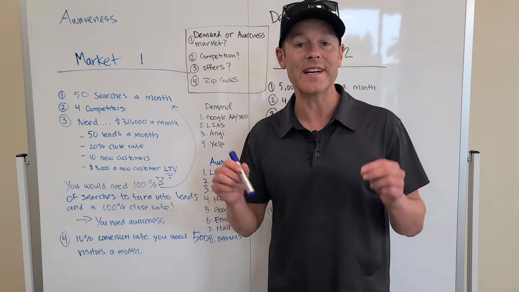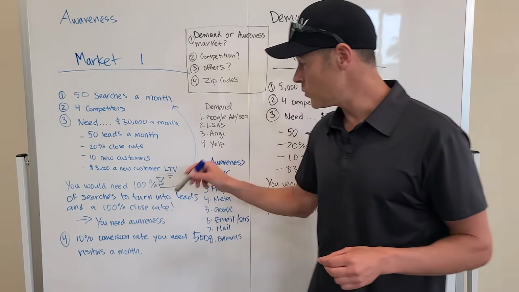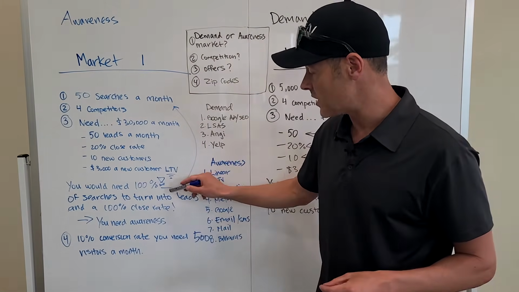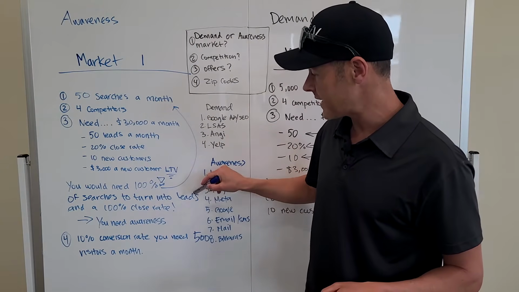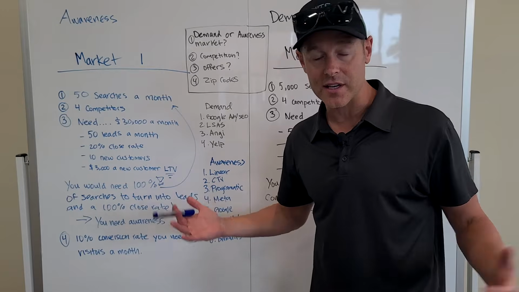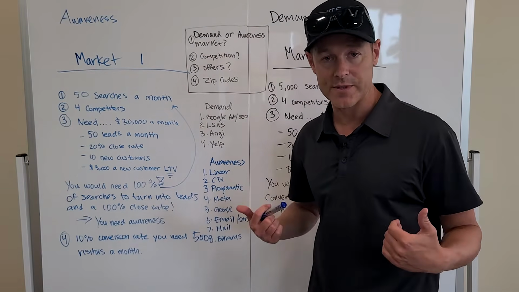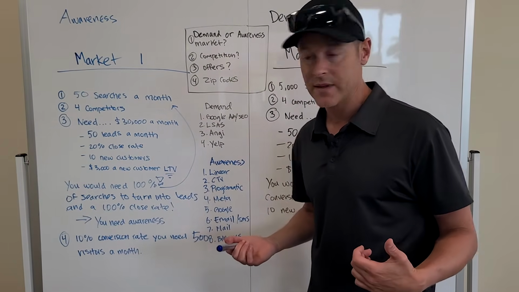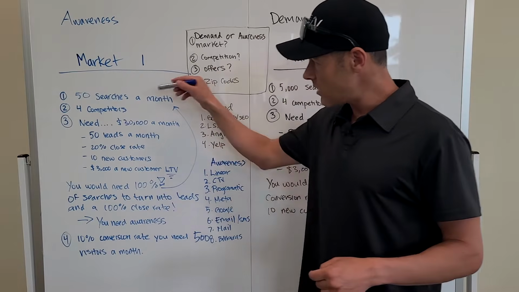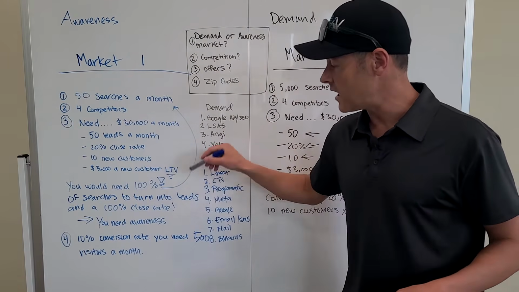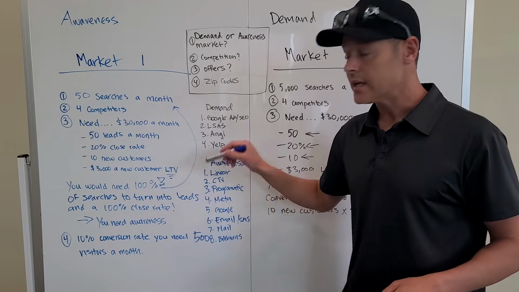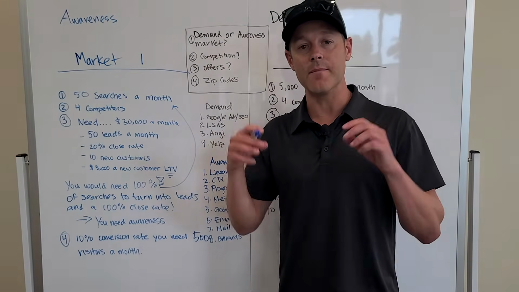If you're in this market, you would need 100% of those 50 searches to turn into a qualified lead. You need 100% of the market. You would need all the searches to come to your website, and you've got 4 competitors, right? You would then need all of those 50 searches to turn into qualified leads, and you would need 100% close rate in order to have a demand-based program.